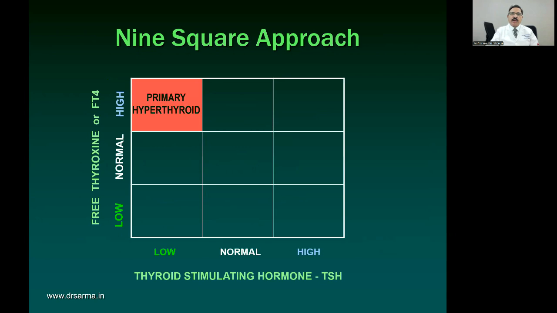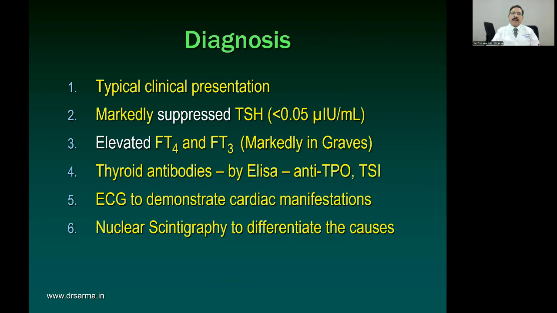Now, last time we have seen primary hyperthyroidism, where the thyroxine will be very high, FT4 high and TSH very low. That is subclinical hyperthyroidism. And then you have got the diagnosis. How do I diagnose it? Typical clinical presentation, if you have the eye signs, unmistakable. Markedly suppressed TSH, maybe 0 sometimes, or less than 0.05.